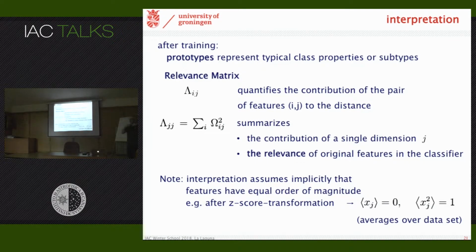Because you have to compensate for that scaling. But if we z-score transform all our data so that per feature I get a zero mean over the data set and a unit variance over the data set, then we have something which is interpretable in the sense that large lambda jj really mean importance, relevance of that feature.